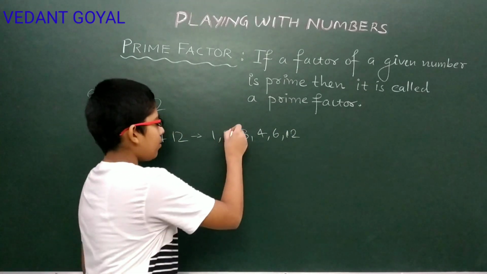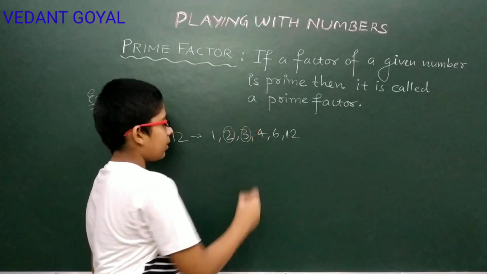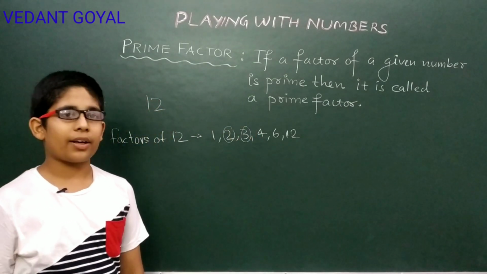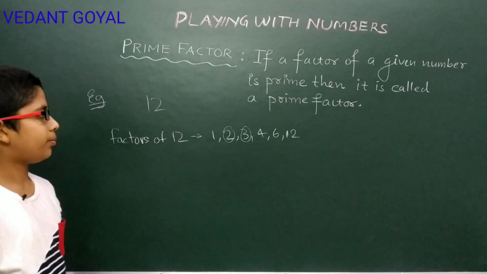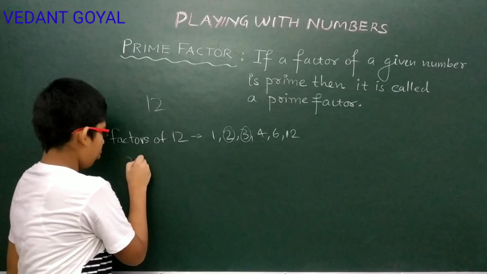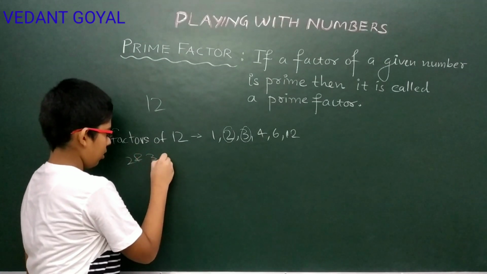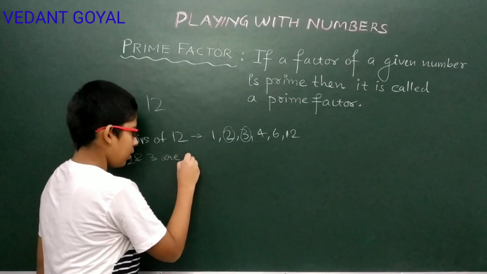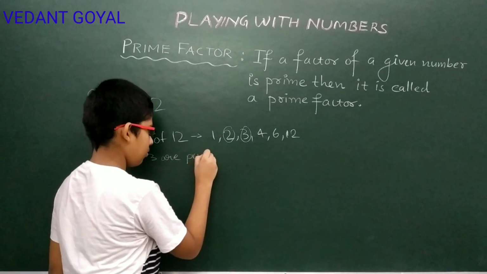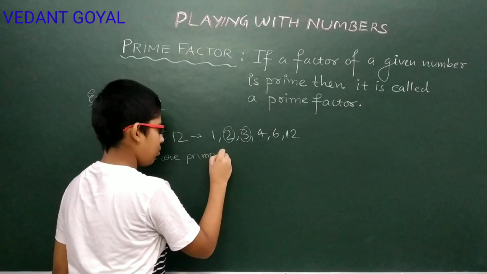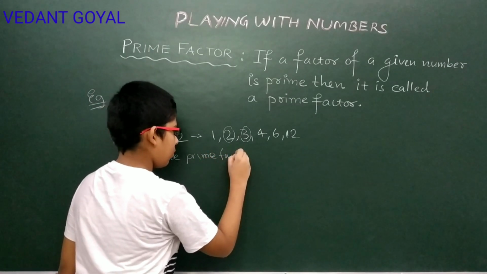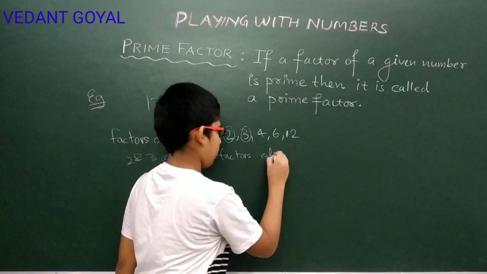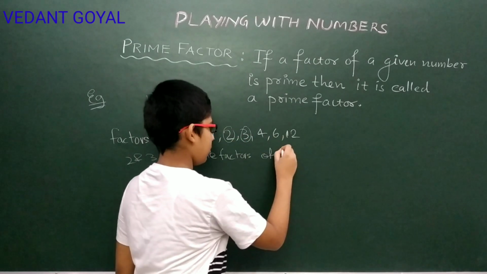So what are the primes? 2 and 3. These two are the prime factors of 12.